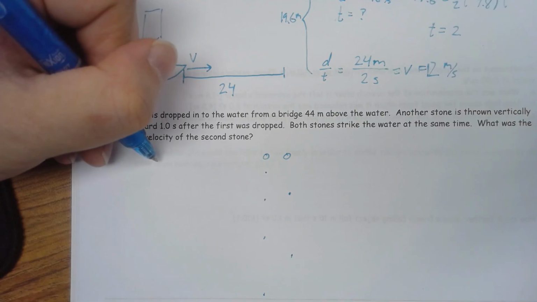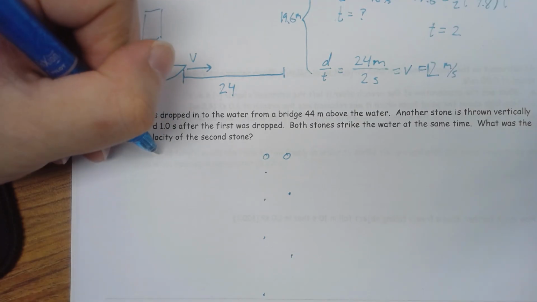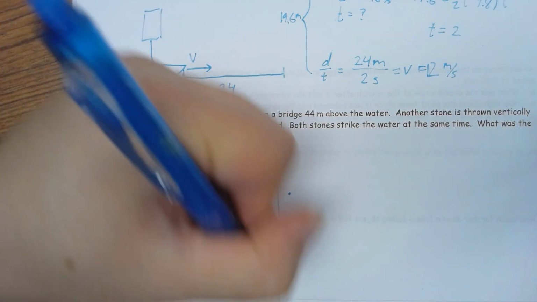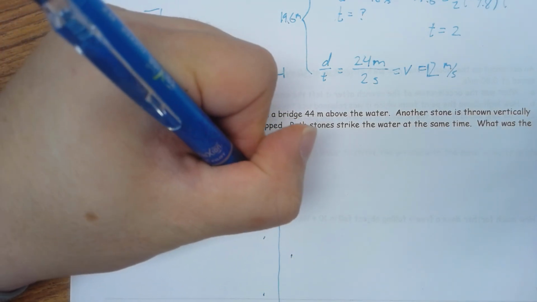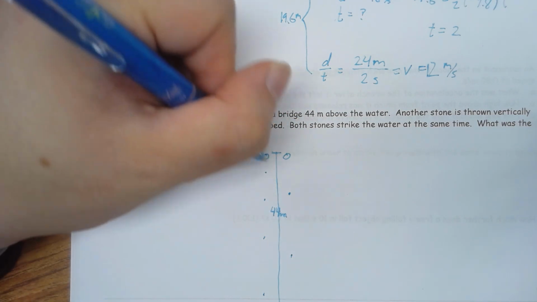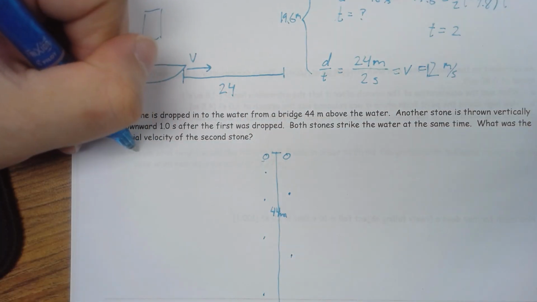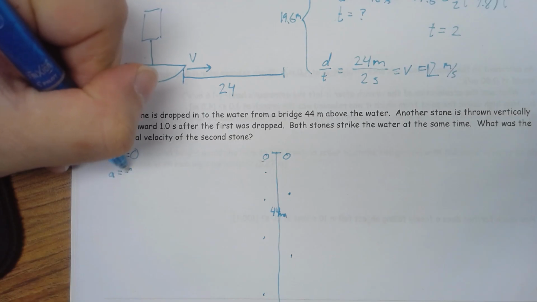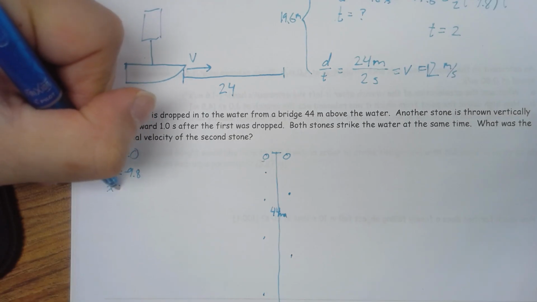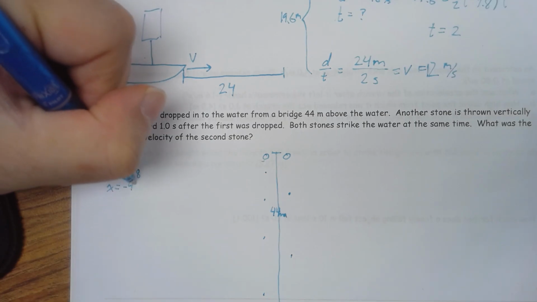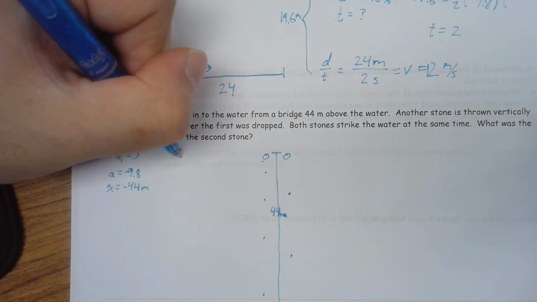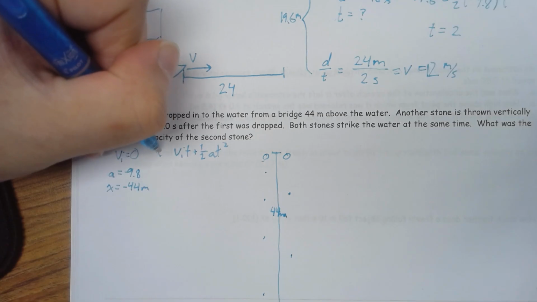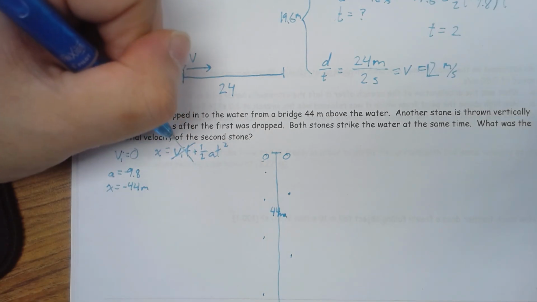It's heading off with the initial velocity, and so we know that if we're dropping it from a height of 44 meters, this rock will fall based on VI equaling 0 and A equaling negative 9.8 and our X falling, so negative 44 meters. And if we have VIT plus 1/2 AT squared, we know that our VI is 0.